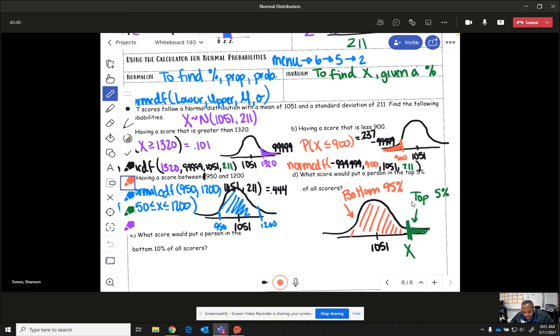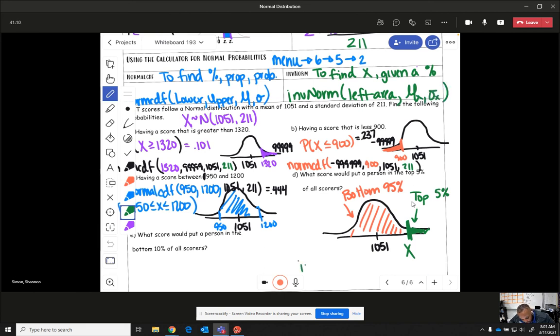So all I have to do is look at the left tail. This x separates the top 5% up here from the bottom 95% back here. I always need to look at the left tail, and the inverse norm function wants a left area expressed as a decimal. So in this case, we're going to use 0.95. Then it wants the mean and the standard deviation.